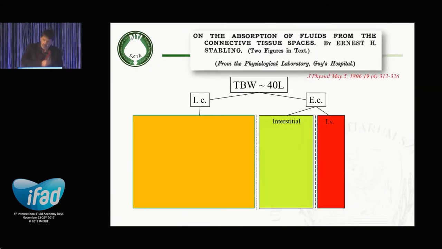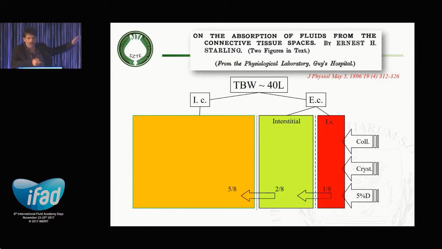Now, if we go to this well-quoted Starling three-compartmental model, fundamentally you give three types of fluids to your patient. You give water in the form of 5% dextrose or glucose, you give crystalloids, and you give colloids. Water is distributed all over the total body; it crosses the three compartments separated by the endothelium and the cell membrane.